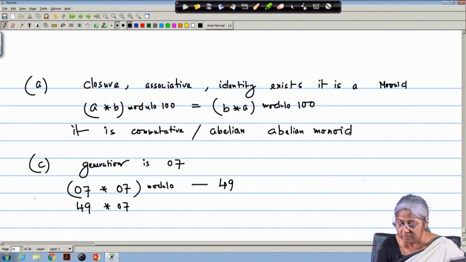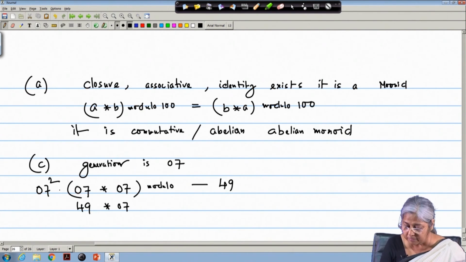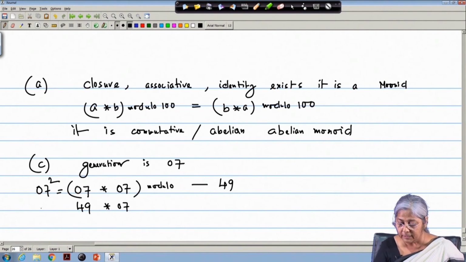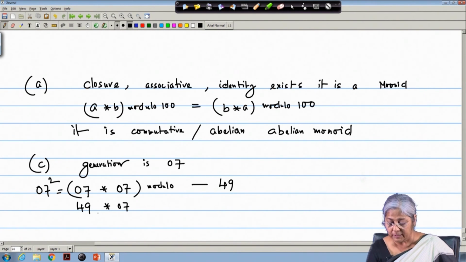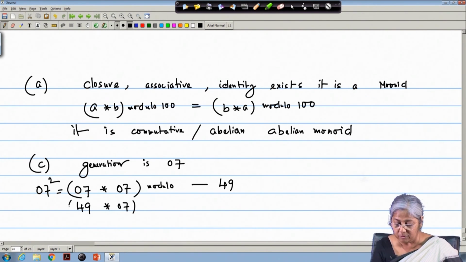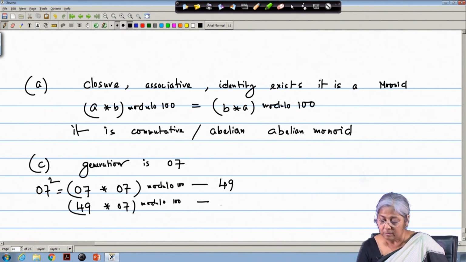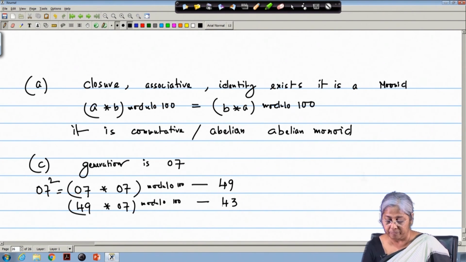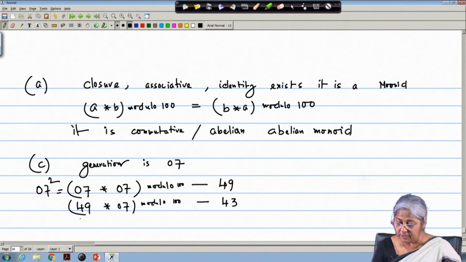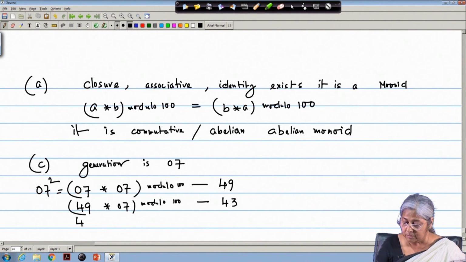Then again, 07 cube is 49 into 07 modulo 100, we are taking 2-digit numbers, so we get 43.